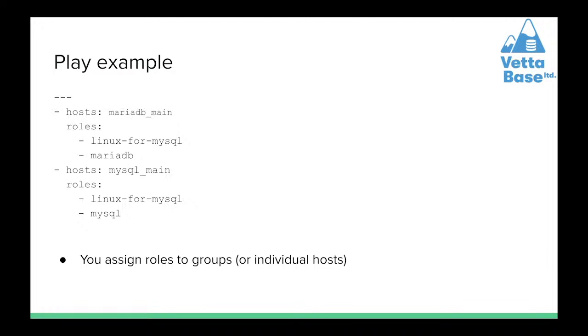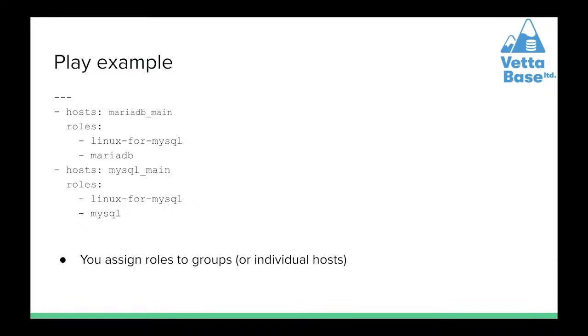I wanted to show something that I consider quite important. The lists could include some roles in common. And this is actually something that I do every time. You can see that both the groups include a role called Linux for MySQL.